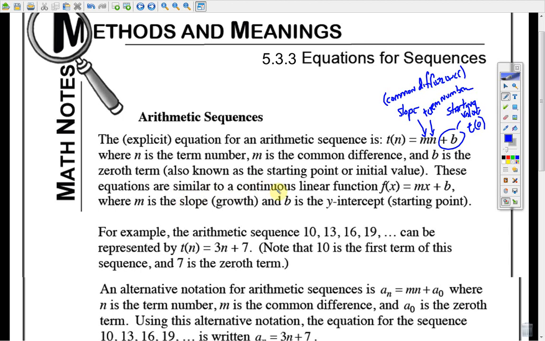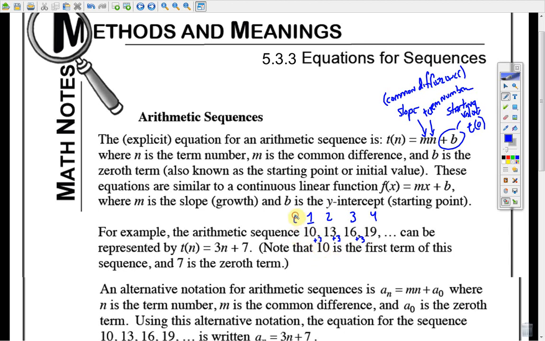These equations are similar to the continuous function f of x equals mx plus b, or y equals mx plus b, where m is the slope and b is the y-intercept. For example, the arithmetic sequence 10, 13, 16, 19, which we can assume is term 1, 2, 3, and 4 in the sequence. We can see that we add 3 to move to the next term for all of these.